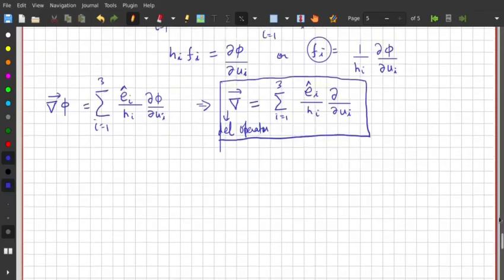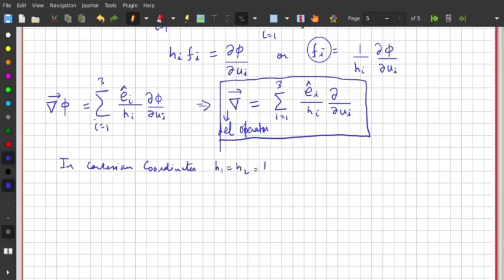Okay, in Cartesian coordinates, as we saw before, we'll have h1, h2, h3, all the scale factors go to unity, and hence the individual contravariant basis vectors are the unit vectors in the x, y, and z directions.